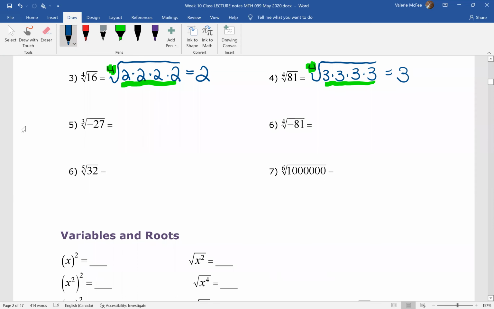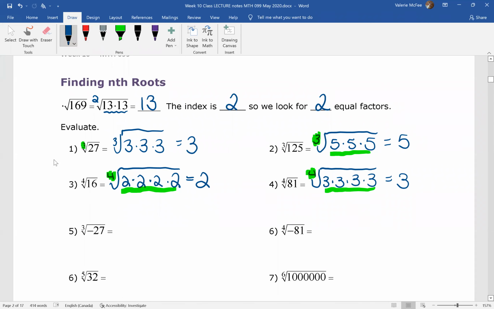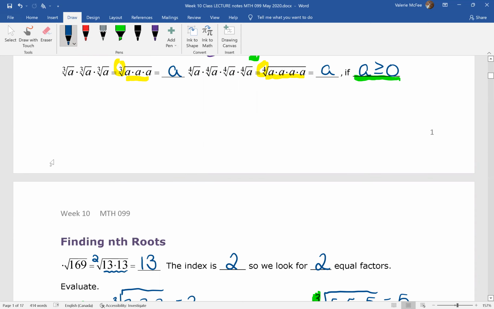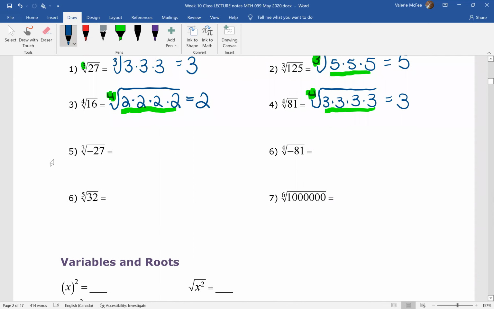All right, now we have the cube root of negative 27. I mentioned up here that I only said that a, the radicand, has to be greater than or equal to 0 if the index is even. So I'm looking for the cube root of -27. My index is odd.